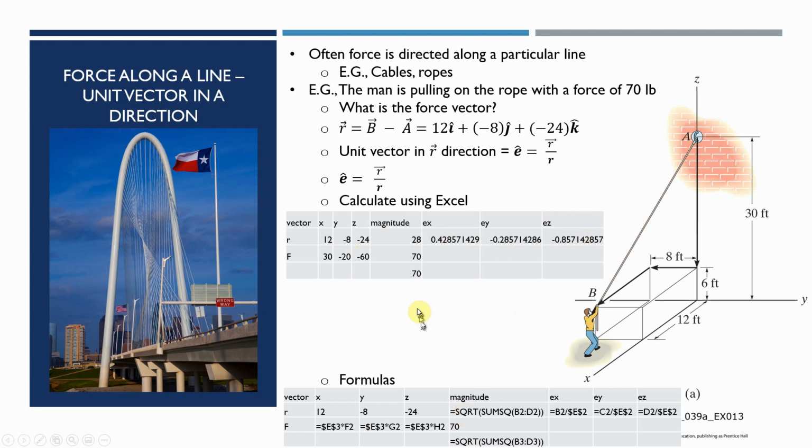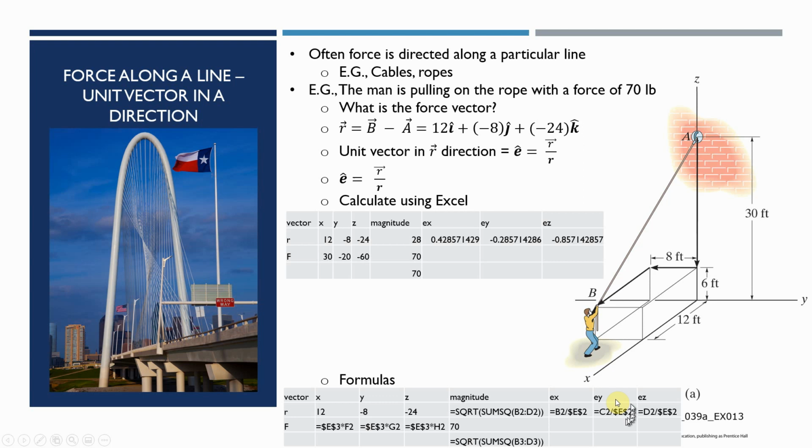And then you can dot product. I take that back. You don't dot product. You just take a simple product. You take the unit vector in the x direction times the magnitude of the force to get Fx, 30. Unit vector in the y direction times the magnitude of the force to get negative 20.